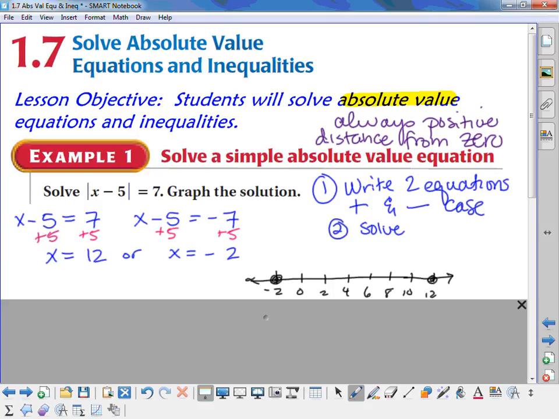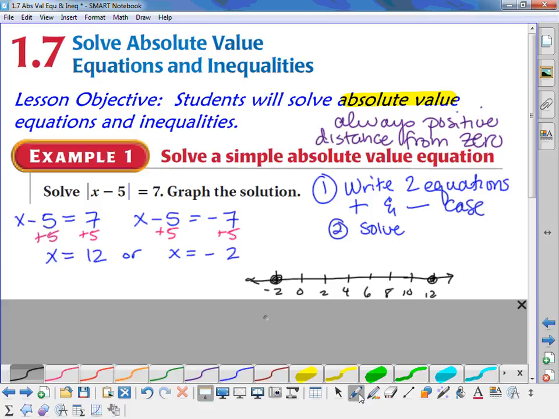So what number is exactly in the middle between those two? How could I find the middle? Okay, how did you figure out it was 5? You just counted and then split it in half? Okay, that works. So they're 14 units apart, and half of that's 7, and negative 2 and 7 is 5.